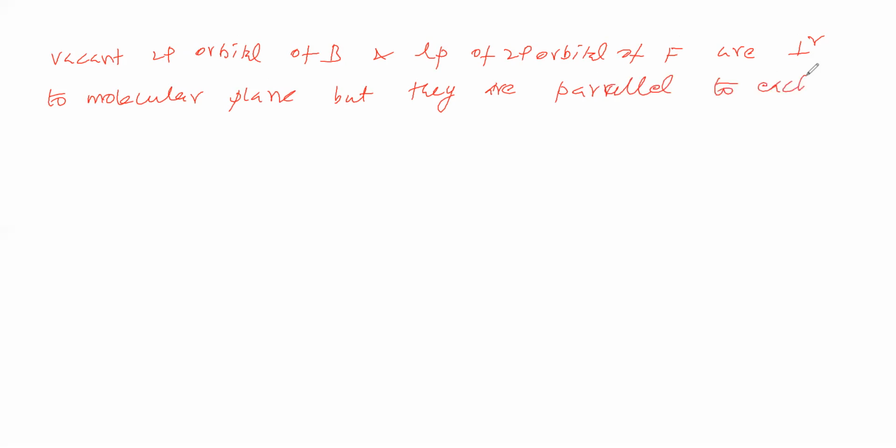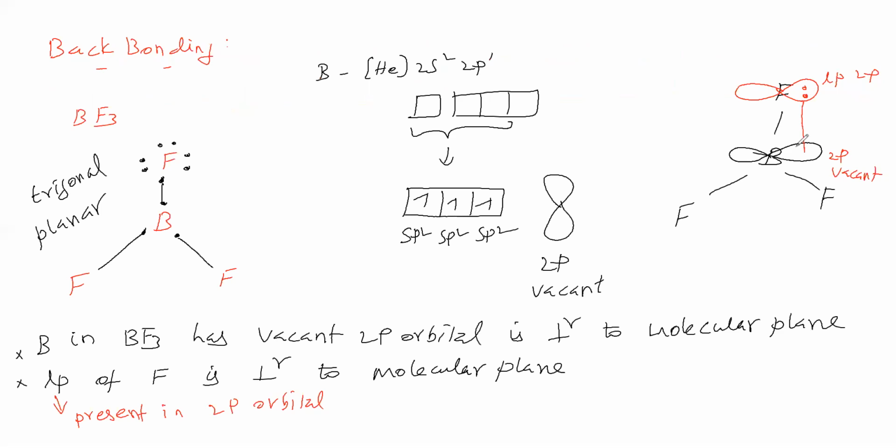Therefore, sideways overlap, that is lateral overlap, is possible. Lateral overlap results in what bond? A pi bond. This bond is called back bonding. So back bonding is present in BF3.